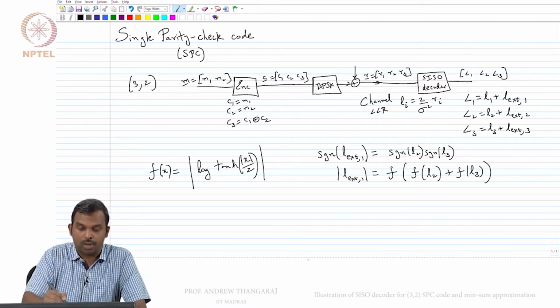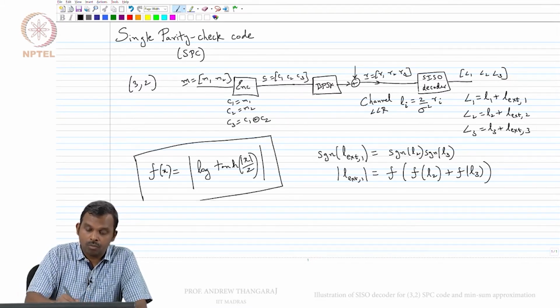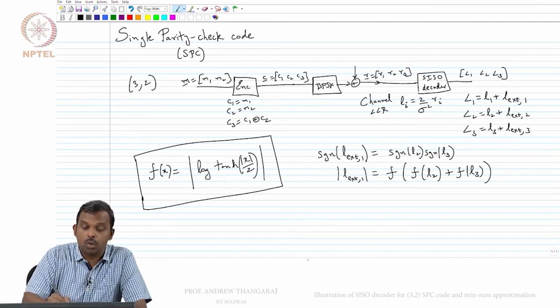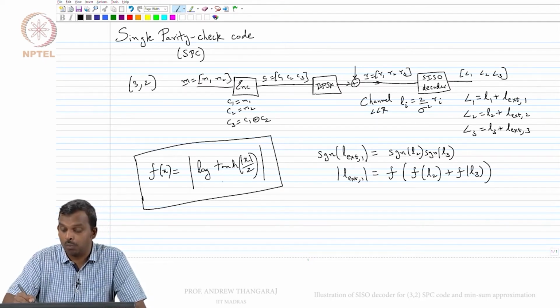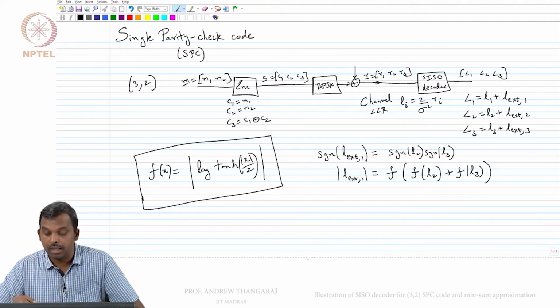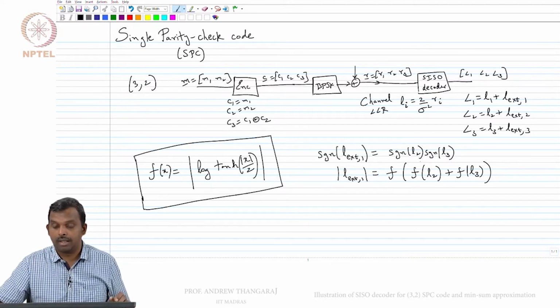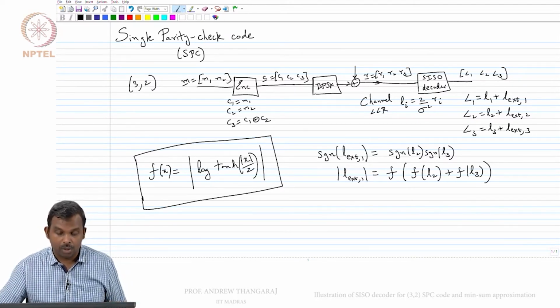So we'll put an absolute value around it. Okay, so this is the definition of f of x. Once you make this definition, it is fairly straightforward to see that the absolute value of lx1 is f of L2 plus f of L3, and the sign of lx1 is the product of the two signs. Let's see what this function is and plot it and see how it behaves in MATLAB.